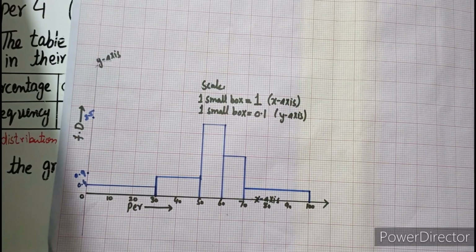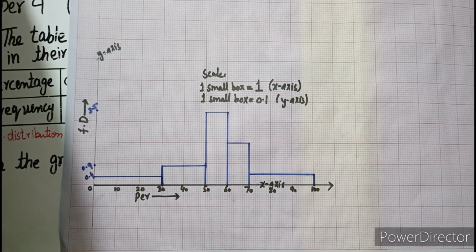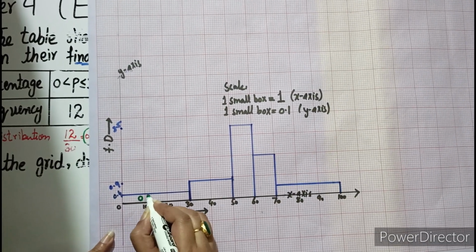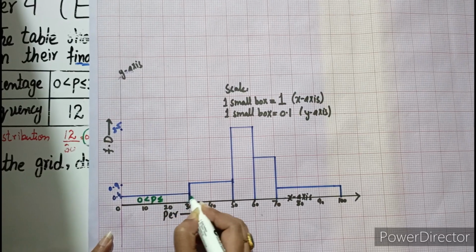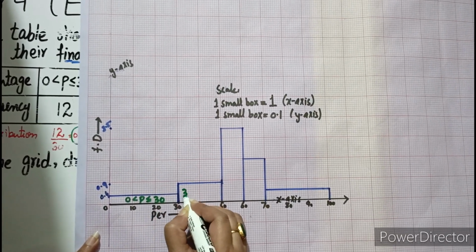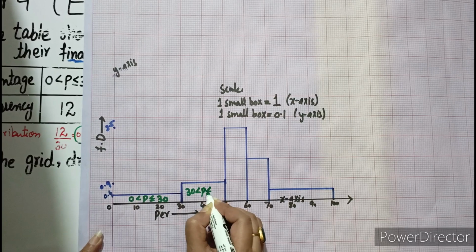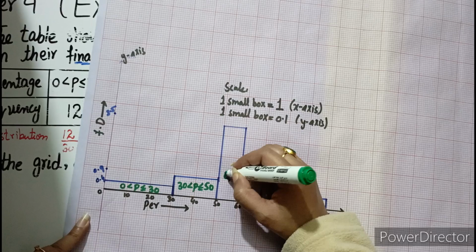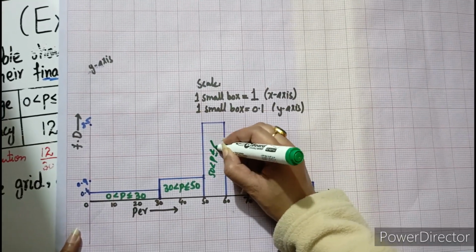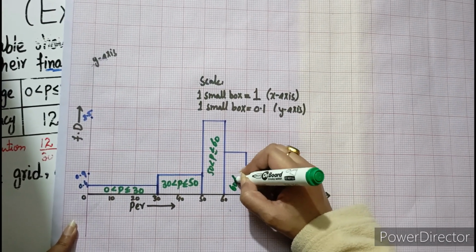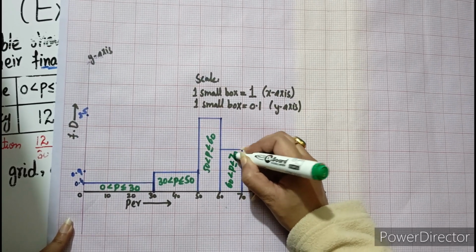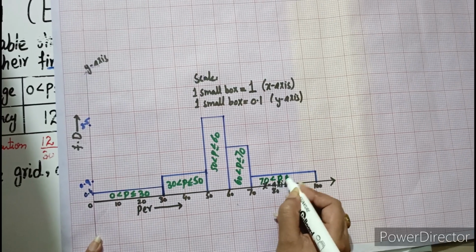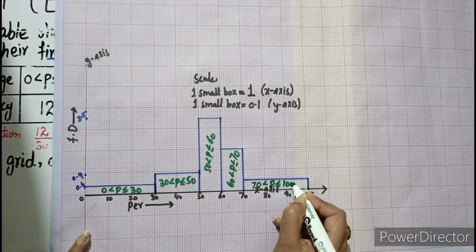So this is your histogram. You can mention here 0 less than p less than or equal to 30, 30 less than p less than or equal to 50, and mark 50 less than p less than or equal to 60, 60 less than p less than or equal to 70, and also here 70 less than p less than or equal to 100.